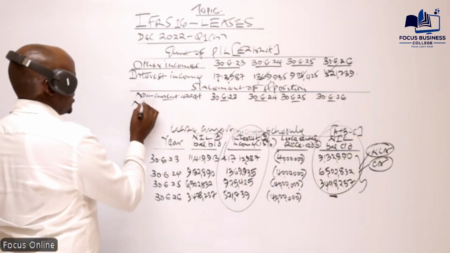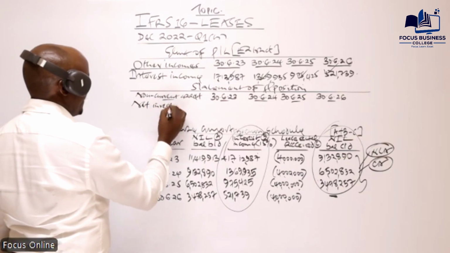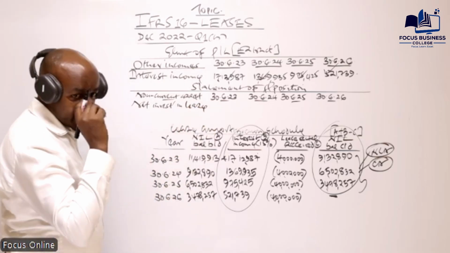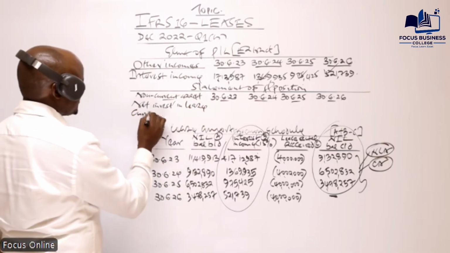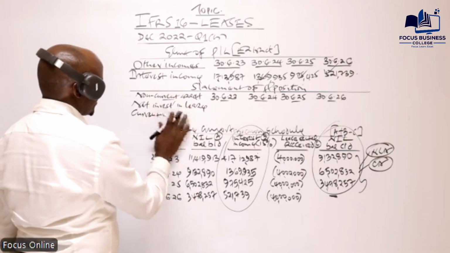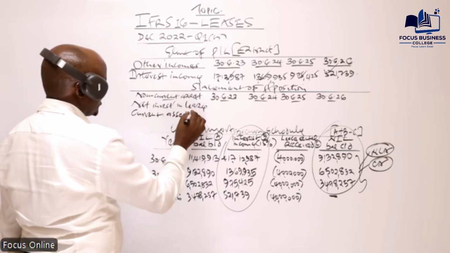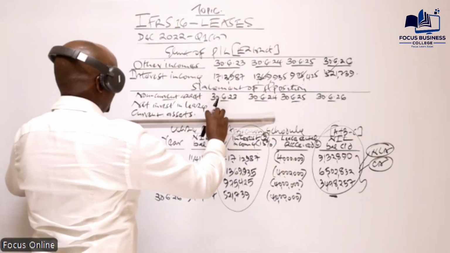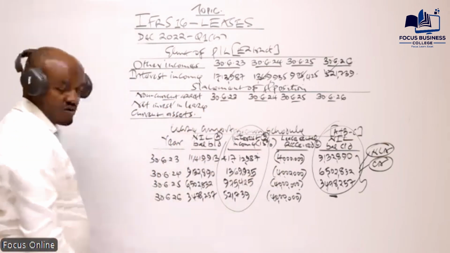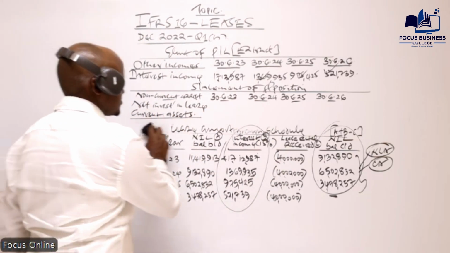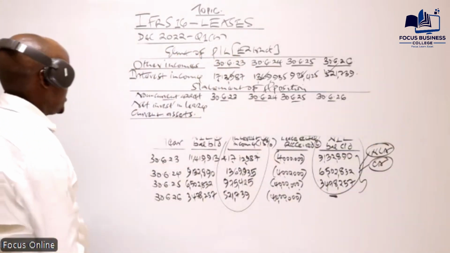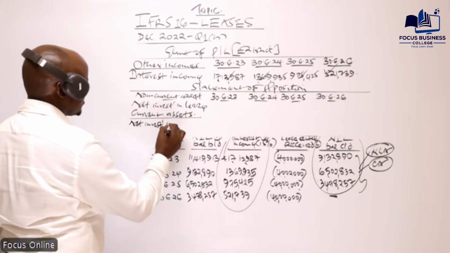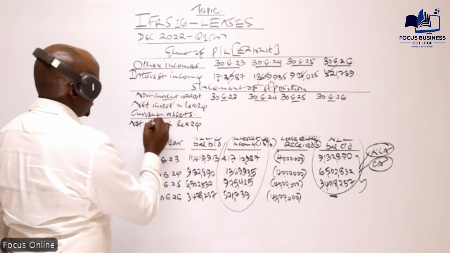So we will have net investment in the lease under the non-current asset, and also under the current assets we will also have net investment in the lease.